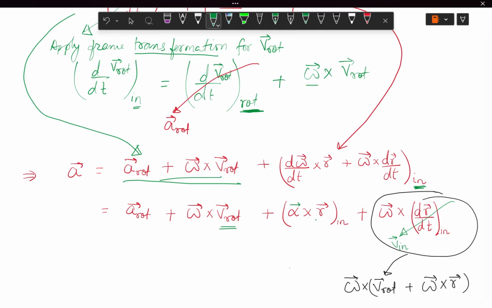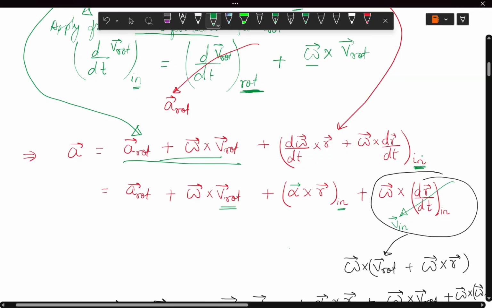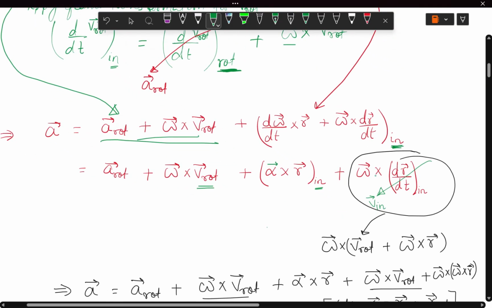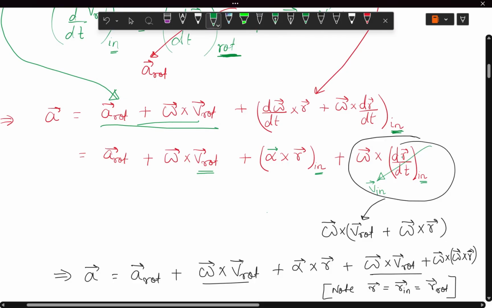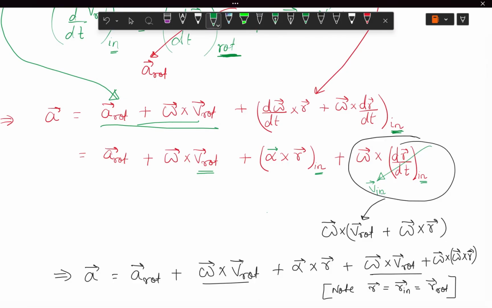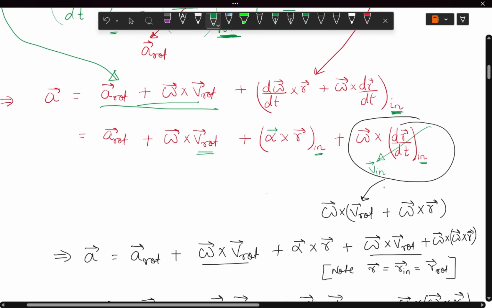So we have this alpha vector cross r vector with respect to which one? With respect to the inertial observer, right? Because this is your inertial observer. And plus omega cross dr/dt with respect to the inertial observer, right? And the rate of change of this position vector with respect to the inertial observer is nothing but the velocity with respect to that inertial observer, right?